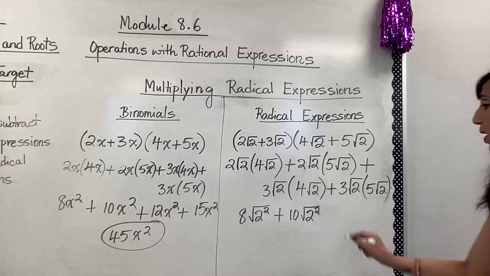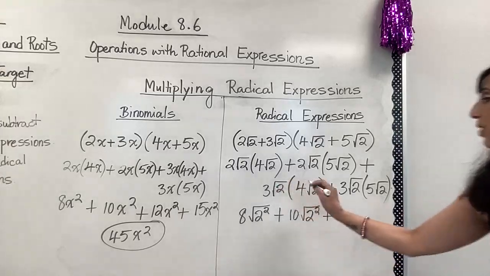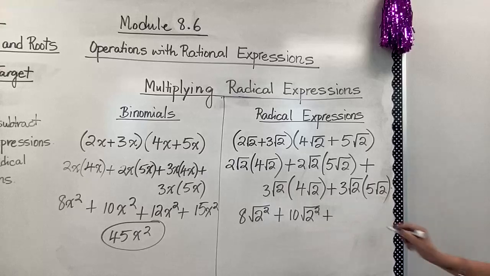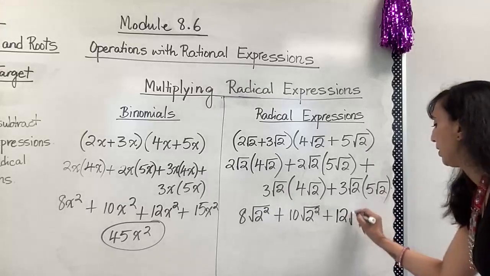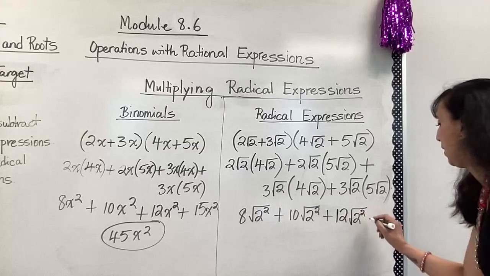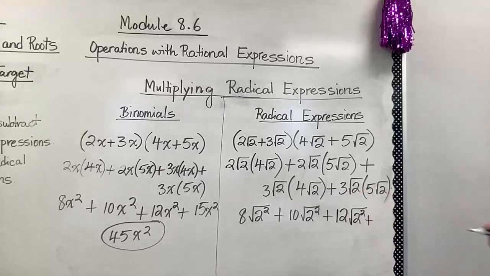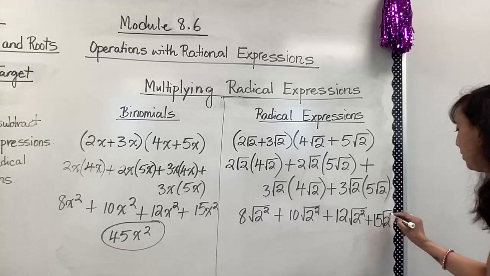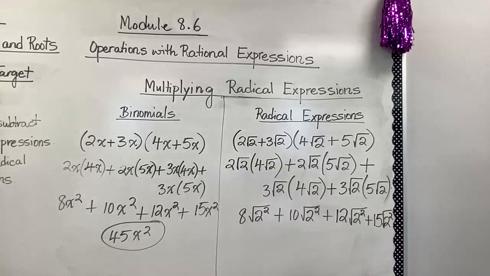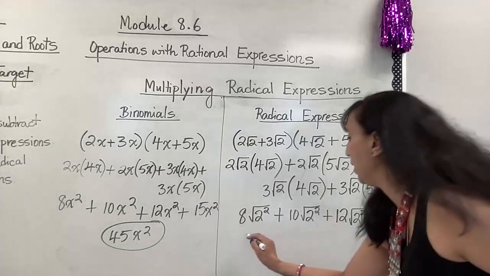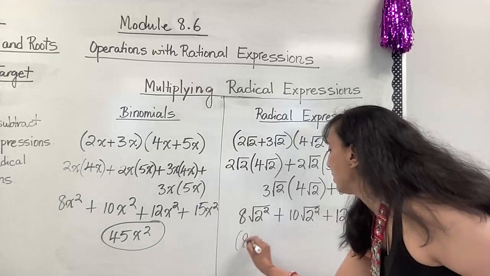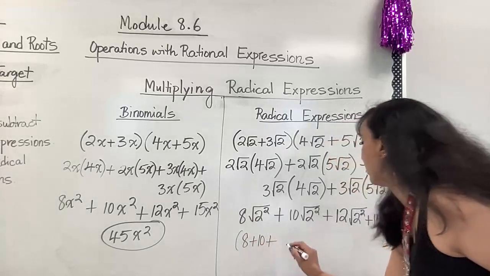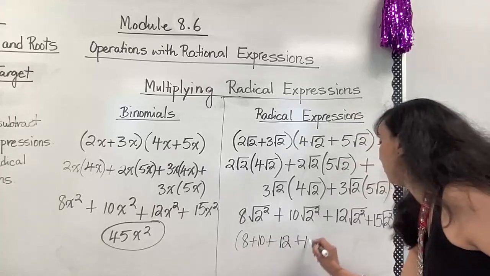Square root of 2 squared. Plus 3 times 4, and that gives me 12, and square root of 2 squared, plus 3 times 5 is 15, and square root of 2 squared. So that gives me, here, 8 plus 10 plus 12 plus 15.